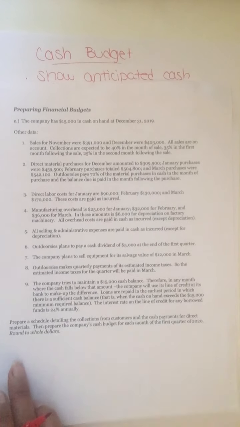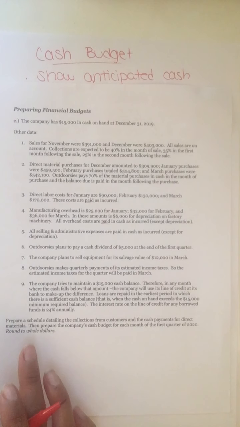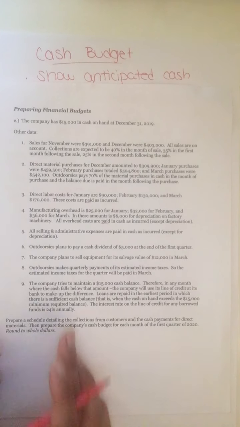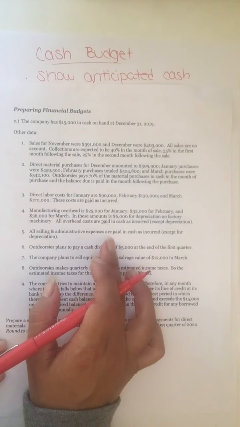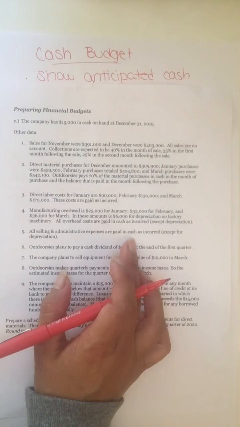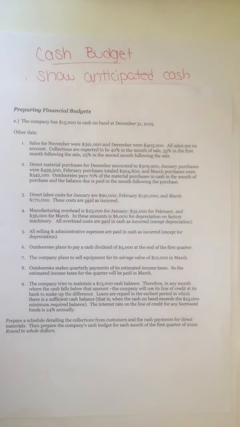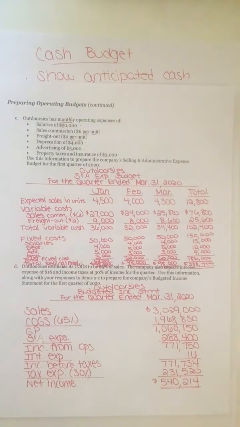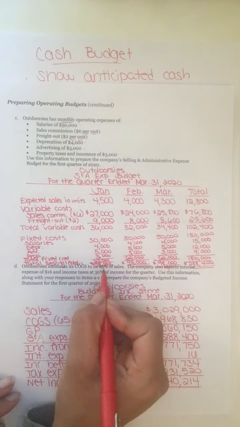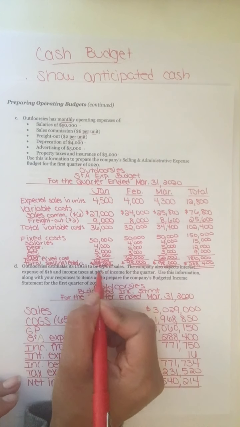Keep looking to see what other cash disbursements you might have on there. The next one, all selling and administrative expenses are paid in cash as incurred, except for depreciation, of course. But they don't give you an amount there. Darn them. But that's because we did the selling and administrative expense budget previously. So January, I know it's a little tough to see. Hopefully your copy's a little nicer.